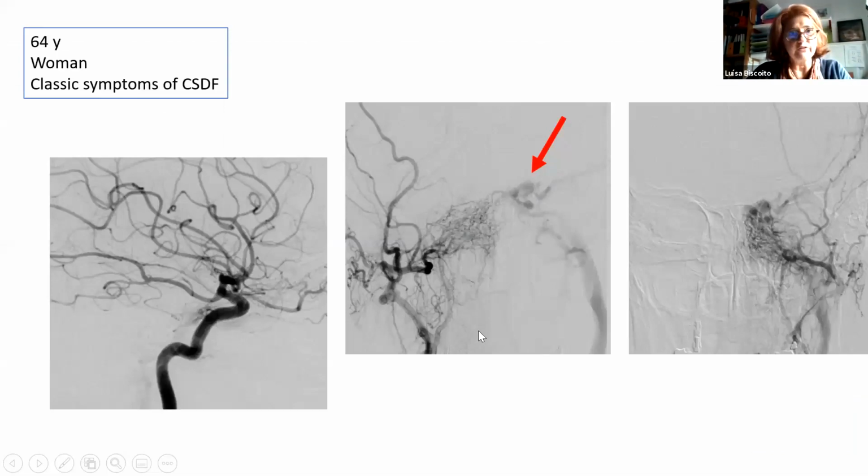Some examples. This is the typical good example. It is a woman with the classical symptoms of dural fistula. She has a fistula with afferents from the ophthalmic artery and both external carotid arteries. You can see all this network draining to the left cavernous sinus.